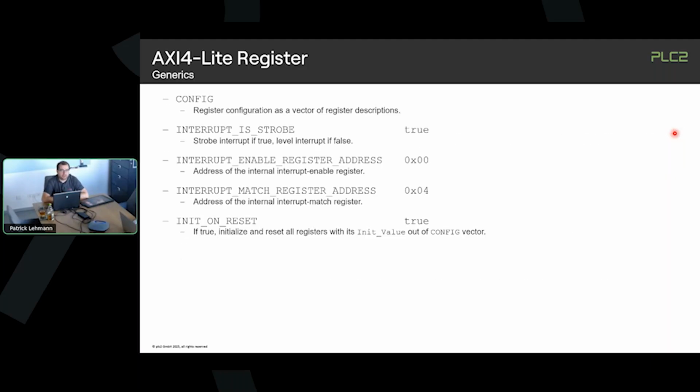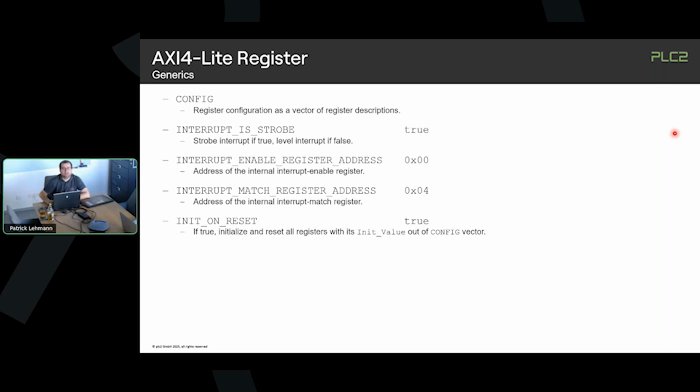When it comes to the generics, there's one big configuration, which is our register configuration itself. That's a vector of register descriptions. I will show this on the next slide with some more details. We can activate interrupts. You can specify where the interrupt registers are located. Defaults are the first 2 registers.